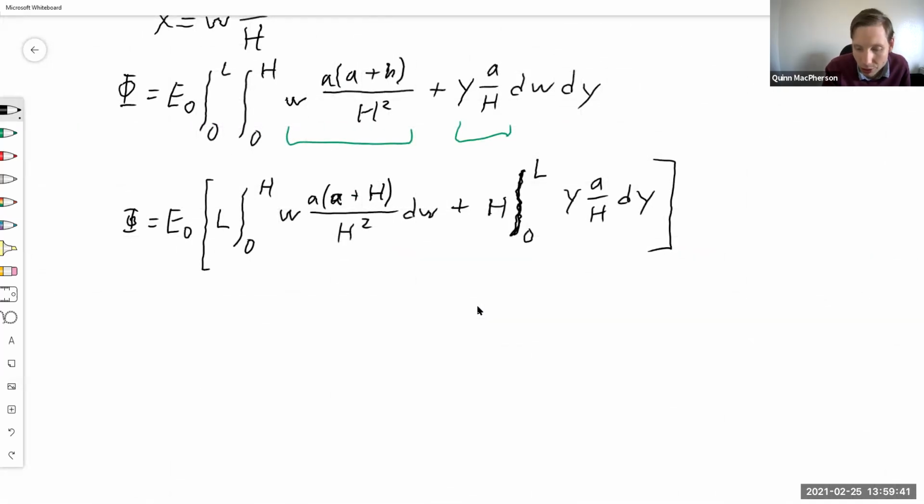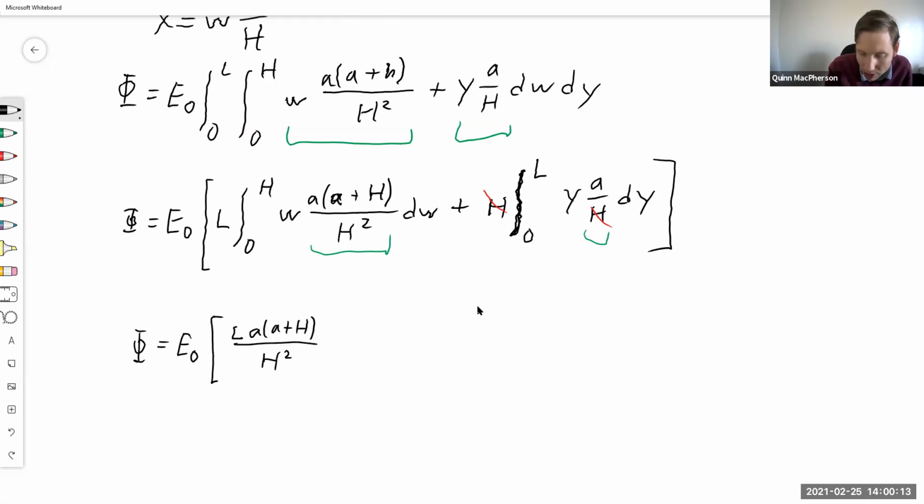So now I just need to do the integrals. This bit here is a constant. This bit here is a constant. So I can do that. Actually, this h cancels with that h, as it turns out. So I can write this as phi is equal to E naught L (a plus h) over h squared.